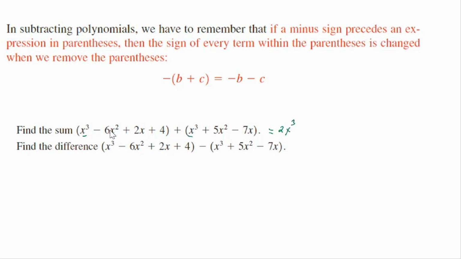And next, in terms of x squared. The coefficients of x squared are negative 6 and positive 5. So negative 6 plus 5 gives us negative 1. And copy the common base with the same exponent. So therefore, we could write now negative x squared.